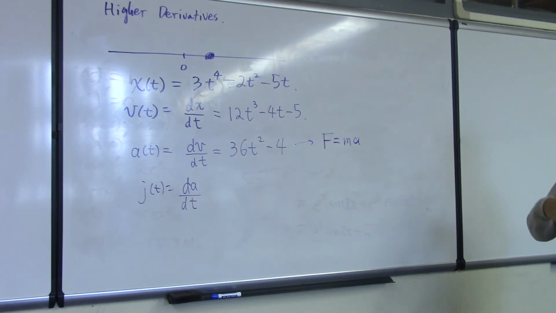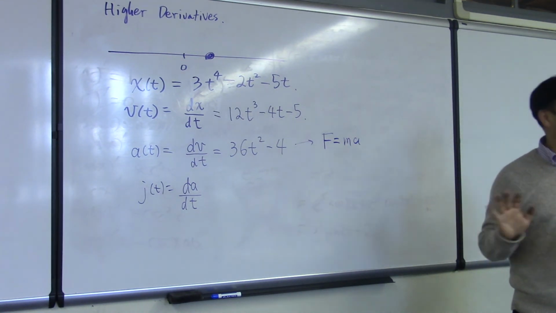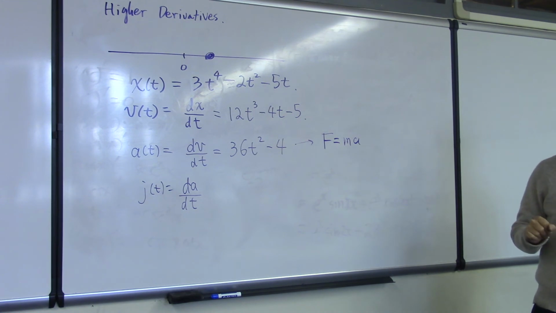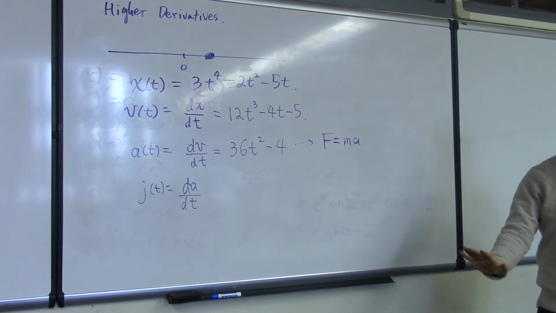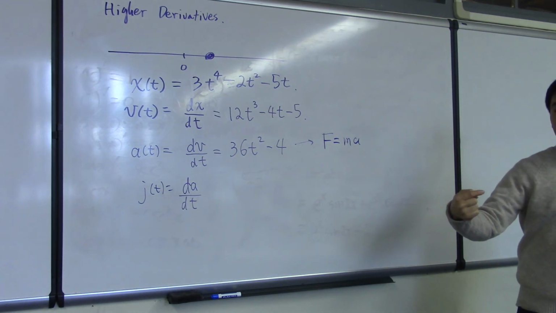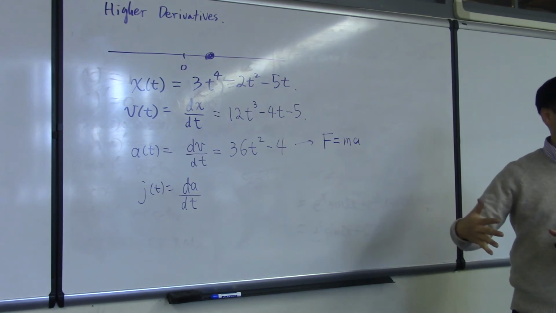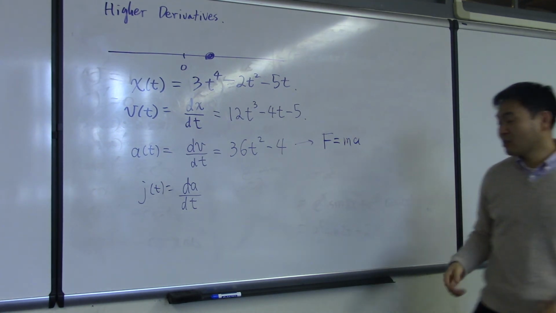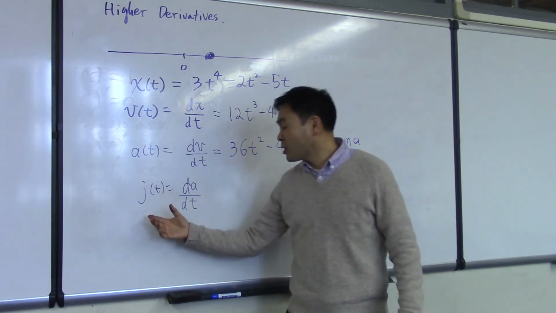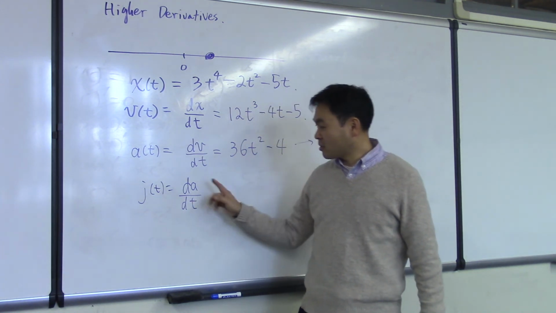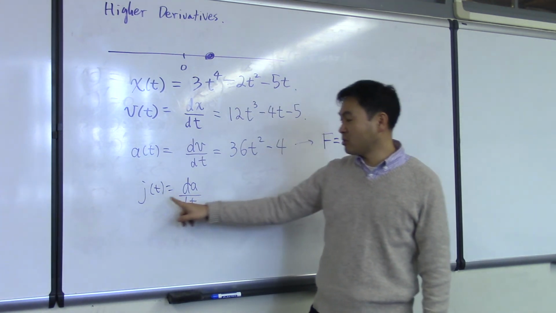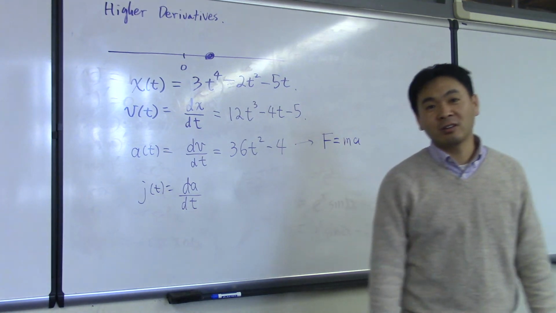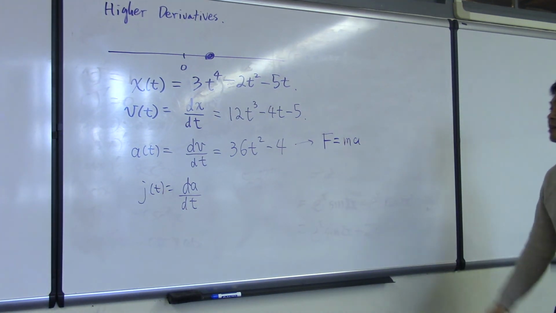So if there's a sudden change in the force, for example, if you push a brake on a car, then suddenly there's a force going against you to stop the car. That sudden appearance of force and thus the change in the acceleration is what we call the jerk. And you can go further.